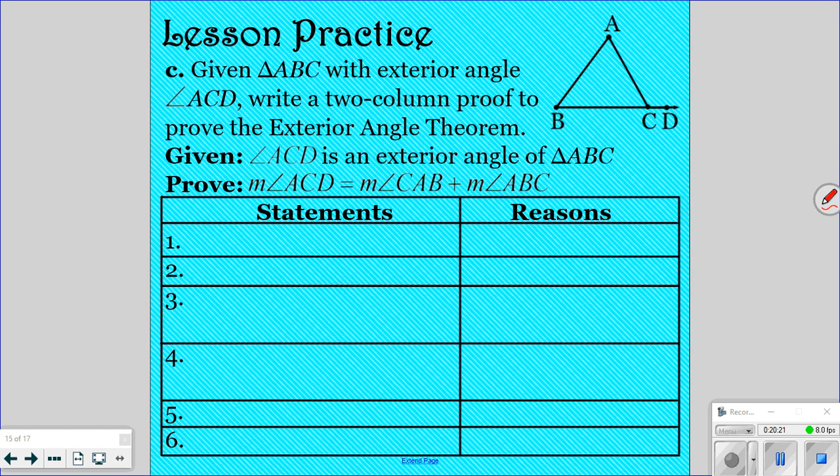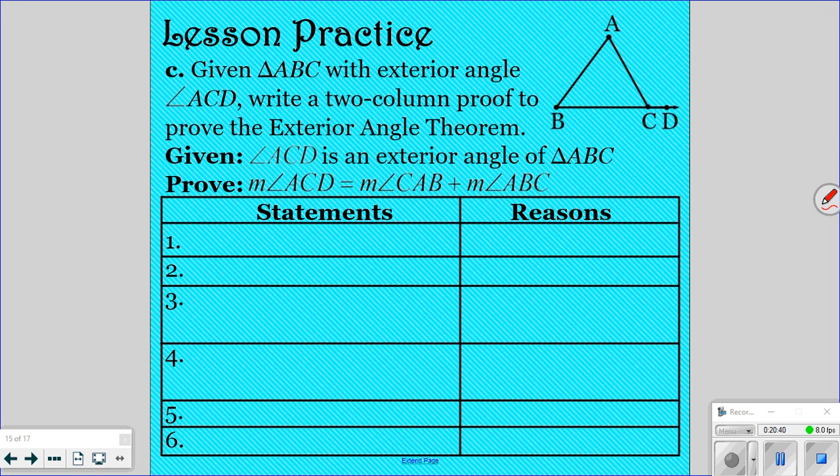Okay, so let's look at this one. So they give you the information and they want you to prove something. So y'all see if y'all can do this one by yourself. Do as much of it as you can, and then once y'all are finished, y'all can unpause the video and I'll go over it. So the first thing that you want to do is to write your given.